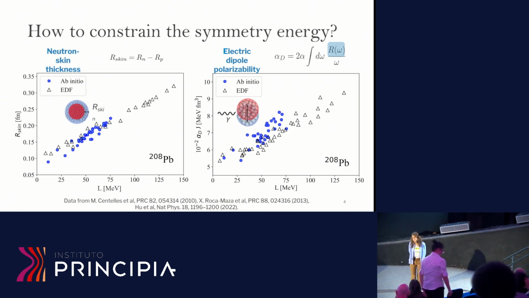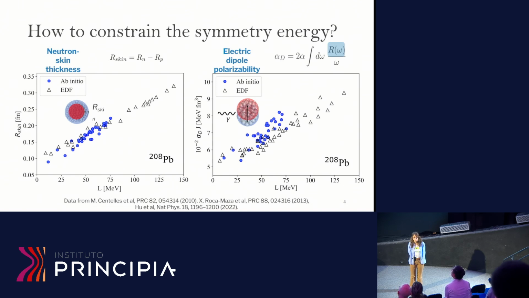When they started looking at this correlation, they didn't put J. It was only alpha sub D versus L. And then these guys from Spain and Milano, in these papers, realized that if you multiply alpha D times J, the correlation is much better.